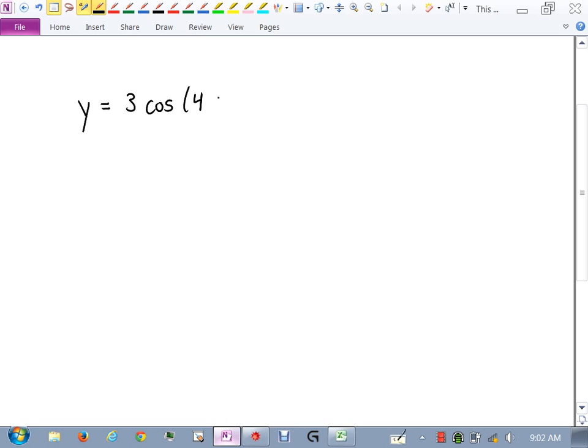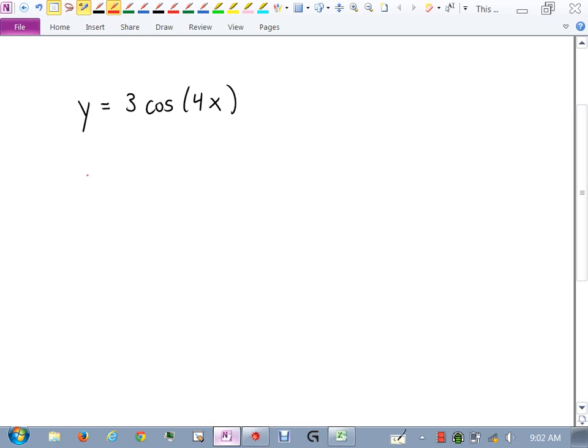Now the main reason I'm doing this is to try and get us thinking about this again. I know we had a long weekend, so today we're going to come up with a final way of graphing sine and cosine, a final method, and then we're going to move on to graphing the other trig functions, and we'll see how far we can get. So the basic idea was to first find the amplitude.